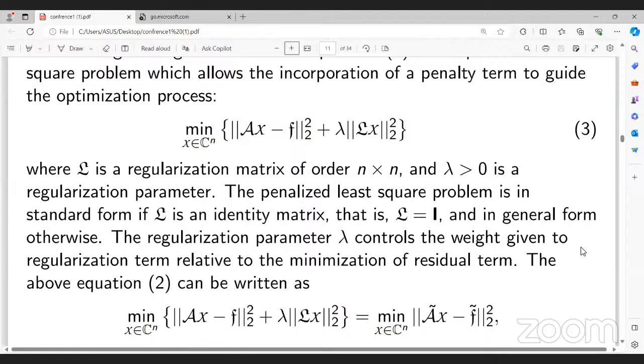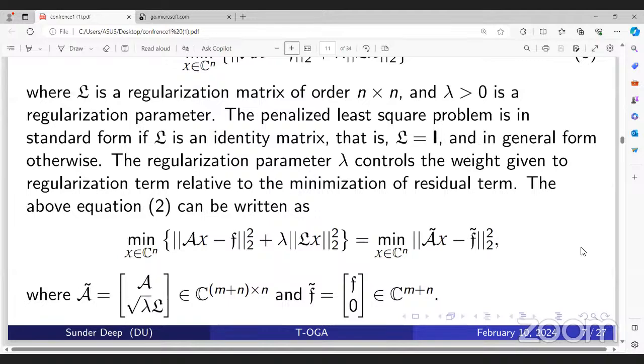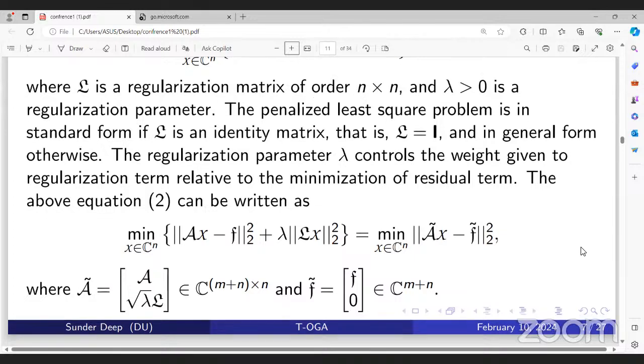The above equation can be written as the minimum of the norm of A tilde x minus f tilde, where A tilde is nothing but the concatenation of the two matrices A and square root of lambda L, and f tilde is the concatenation of the two column vectors f and 0.